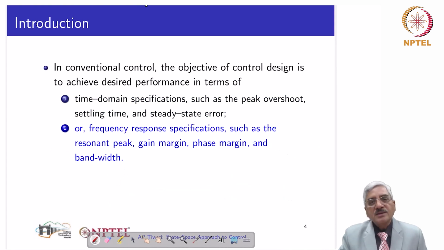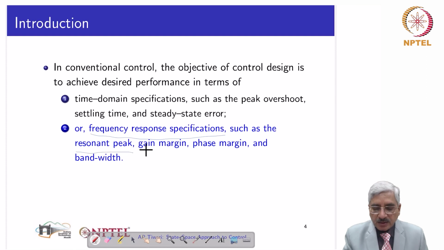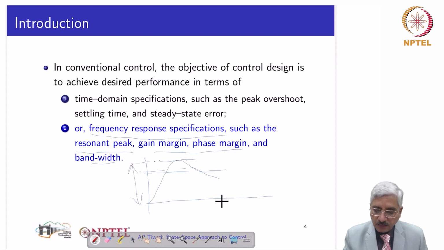Other way in conventional approach, the specifications were given in terms of frequency response specifications. For example, the resonant peak or the gain margin and phase margin and bandwidth. So you might have come across this kind of a plot where this was being shown as the resonant peak. This is the system gain and this is the frequency. This is the magnitude of the system gain.